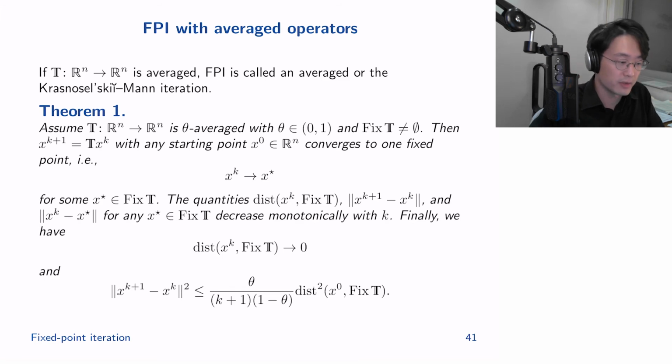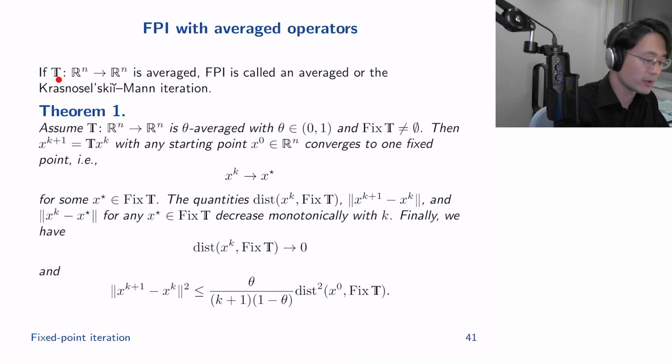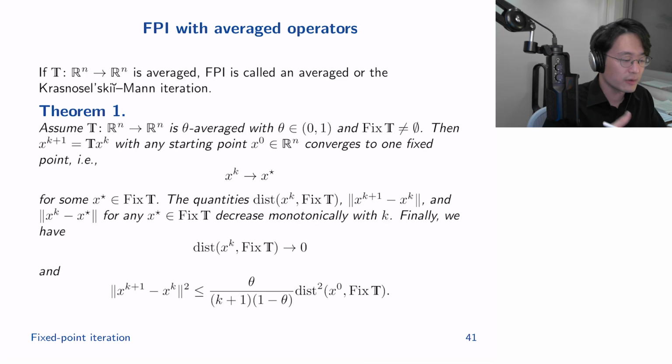The fixed point iteration converges when the operator is averaged. So more specifically, let operator T be an averaged operator with some value of theta between 0 and 1. Then the fixed point iteration is referred to as the averaged iteration, or the Krasnoselskii-Mann iteration, or the KM iteration.